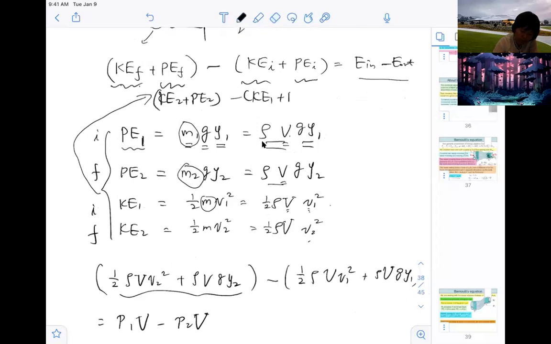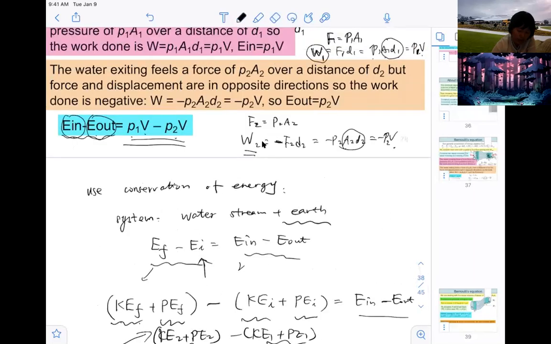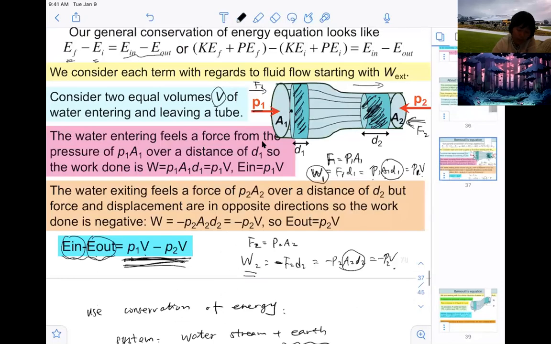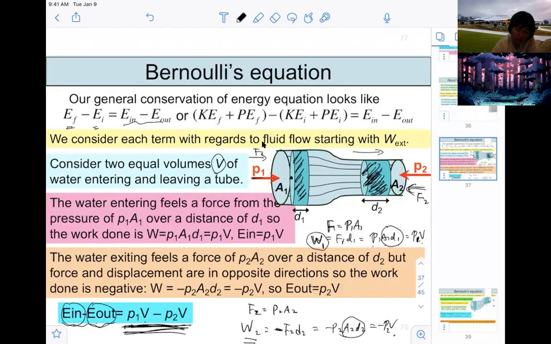Kinetic energy 1 and potential energy 1 are initials. Now, it doesn't matter which one you name 1 or 2, as long as it's consistent with my energy input and output. In this case, I have written the input as the positive work, and the output as the negative work done by the water from the right hand side.